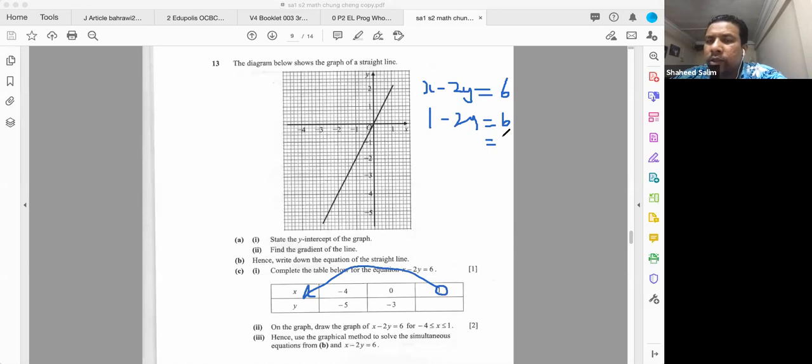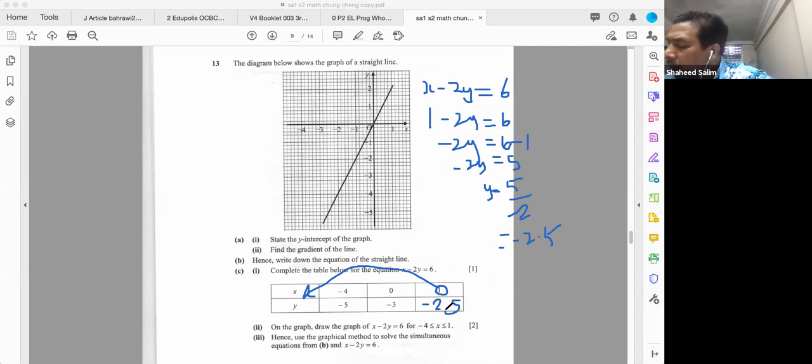Because 6 minus 1, 1 becomes negative 1. So minus 2y equals to 6 minus 1 is 5, right? Minus 2y equals to 5. So I want to find y. I bring the whole thing, 5 divided by negative 2, which I will get is minus 2.5. You all have put minus 2.5, right? Yeah, minus 2.5.